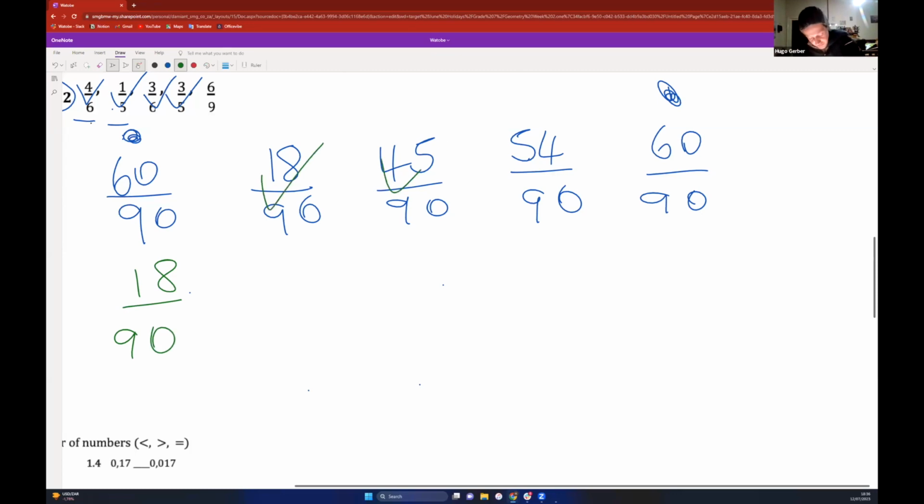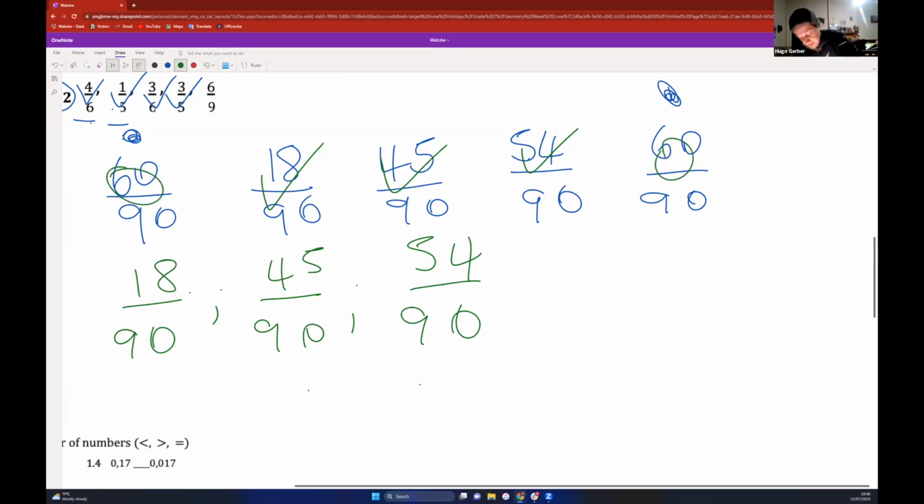Then 45 over 90. Then 54 over 90. And then my two 60s. And they are both exactly the same.